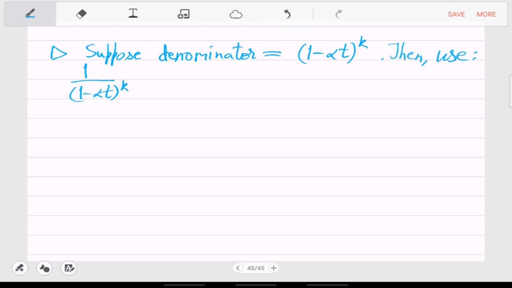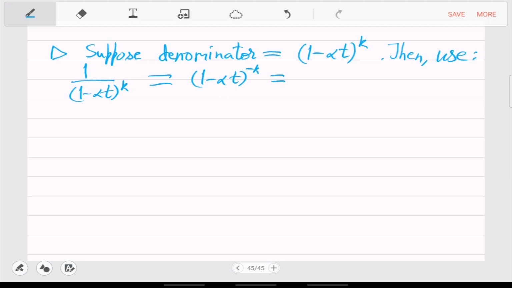Then you have to expand 1 over 1 minus alpha t raised to k in a power series. How do you do that? Yeah, so you can again use binomial coefficients. Slightly more general in general form, what you will get is 1 plus, okay, you can see this as 1 minus alpha t to the minus k, right?